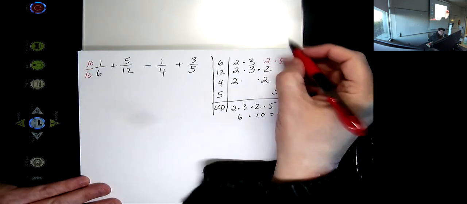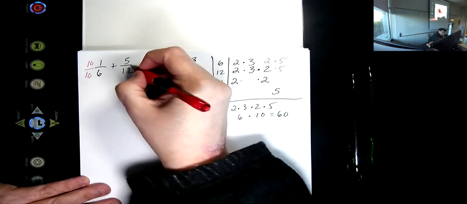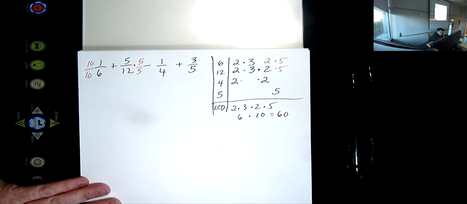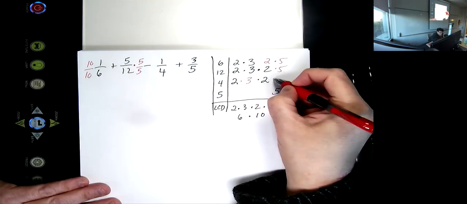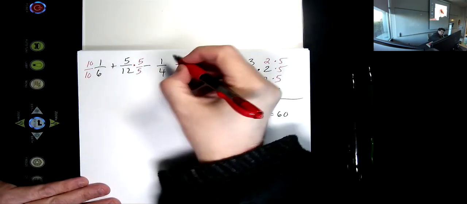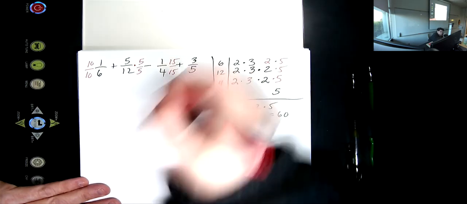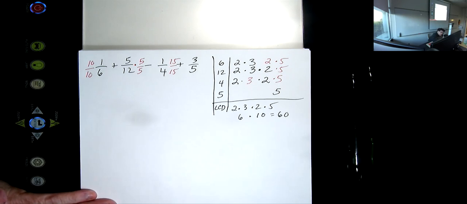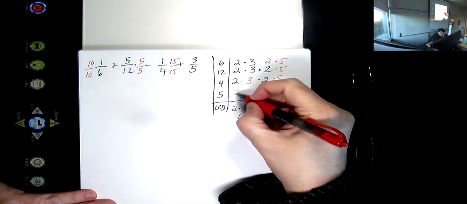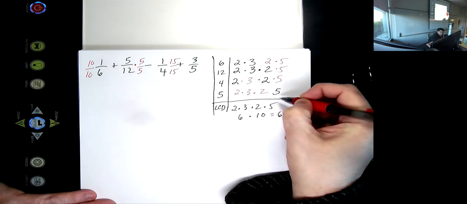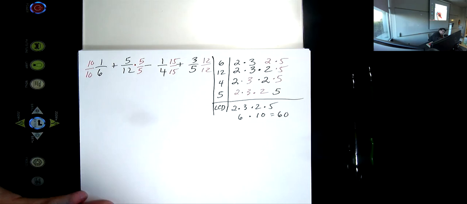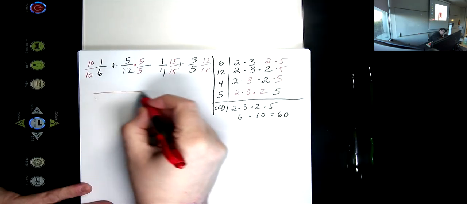The 12 is just missing the 5, so multiply that by 5 over 5. 4 is missing a lot, it's missing 3 and 5, which is 15, so we'll multiply that by 15 over 15. And 3/5 is missing 2 times 3 times 2, which is 12, so multiply that by 12. You notice all those denominators are 60.